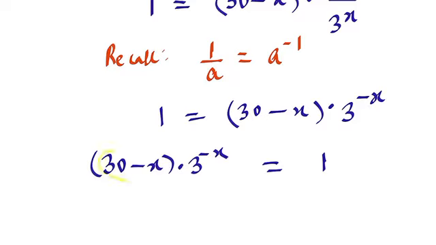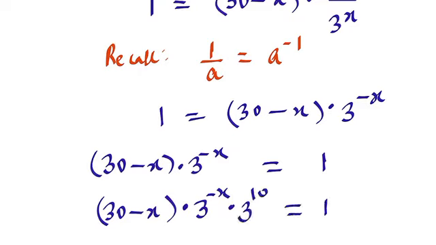Alright, because of this 30 minus x that I have here, I would like to do something to both sides of the equation. I want the power of 3 here to also have 30 minus x. So I'm going to multiply both sides of the equation by 3 to the power of 30. That is 3 to the power of minus x multiplied by 3 to the power of 30, and same thing here, 1 multiplied by 3 to the power of 30.